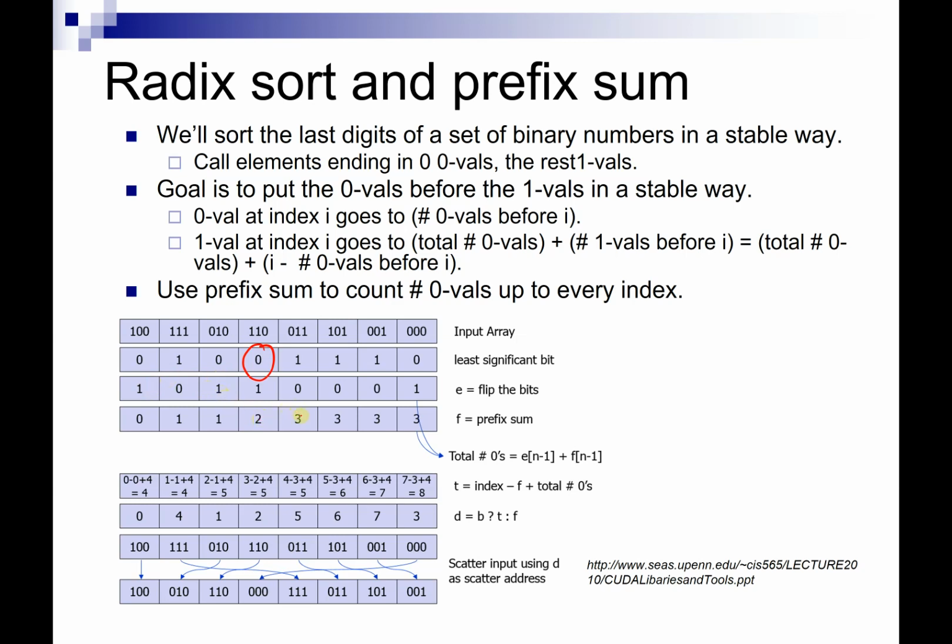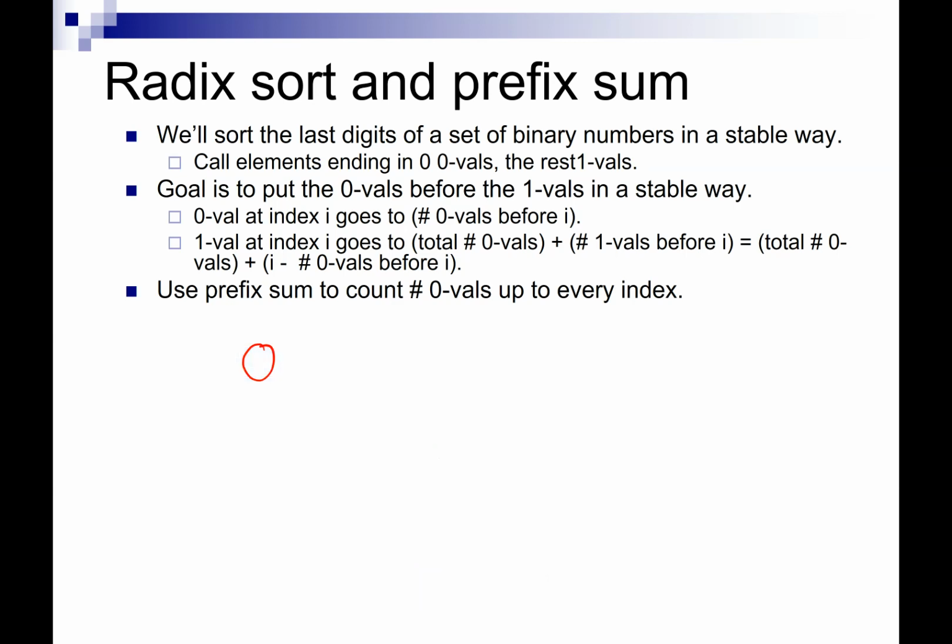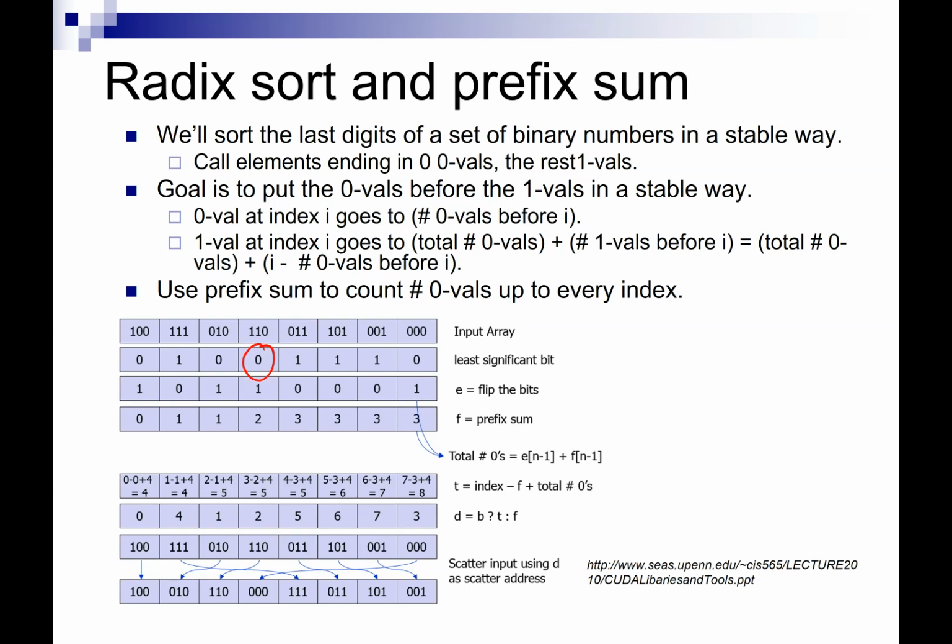So this shows you that these prefix sum values count up exactly how many 0 values come before a position. As another example, if you take this position, then the prefix sum here is 3, and that's because you have 3 0 values, this guy and that guy, that come before this position.